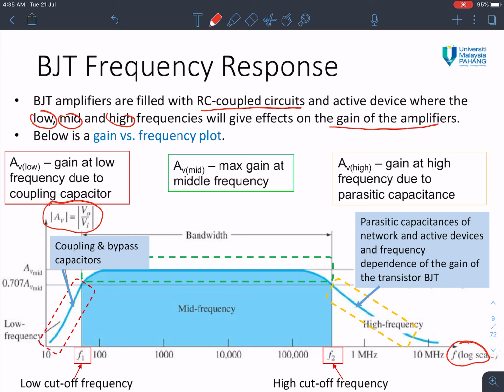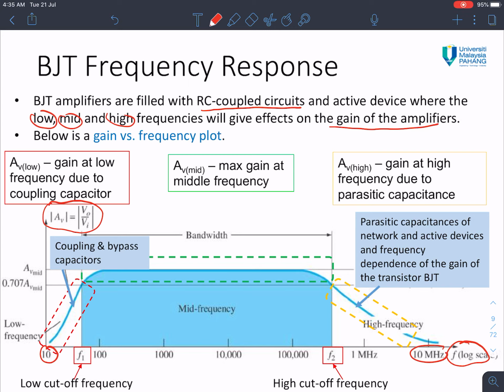Okay, for the first thing, why do we need to use a log scale? This is because the range of the frequency is too high. As you can see, it starts from 10 here until 10 megahertz.